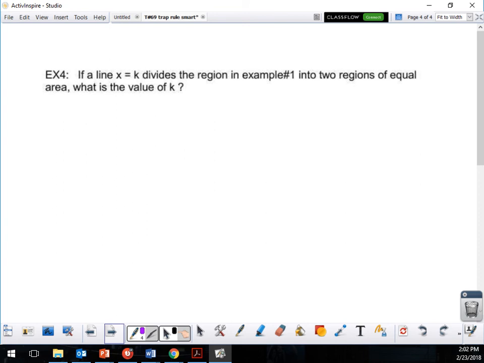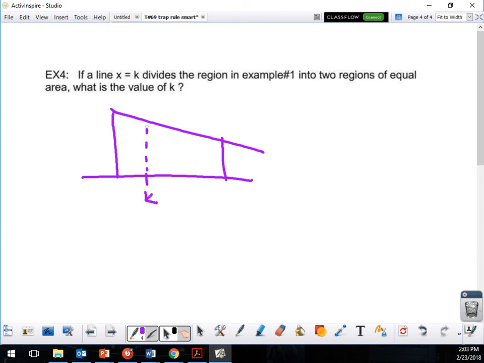I have my trapezoid again. I'm going to sketch what I have here. It was something like this. Somewhere in between here, if I want to find a value, it's going to be right about here, where this area is going to equal this area over here.